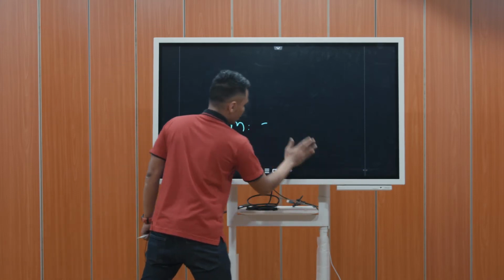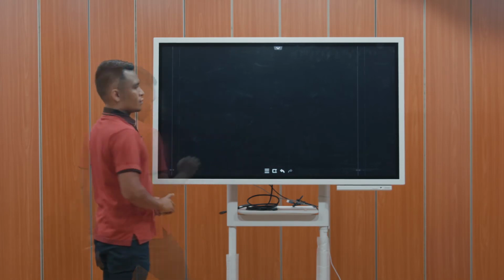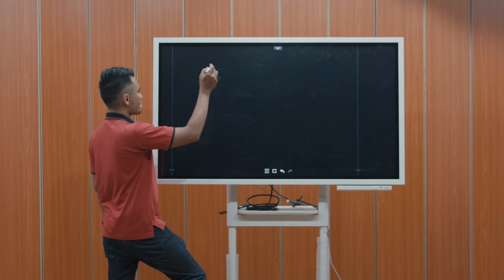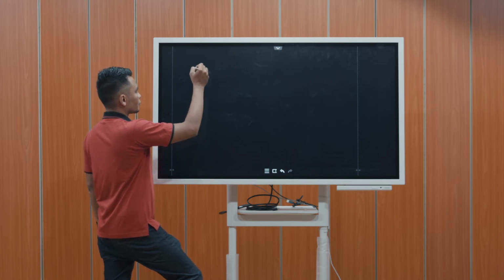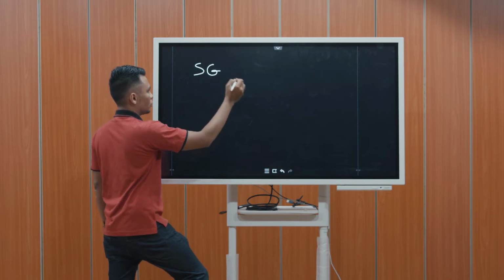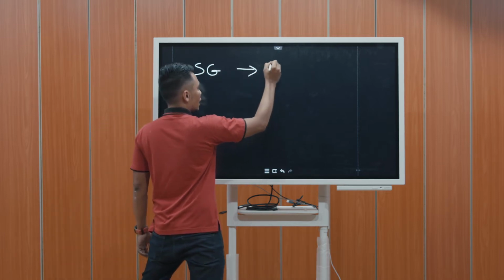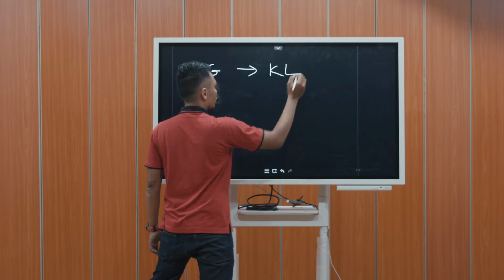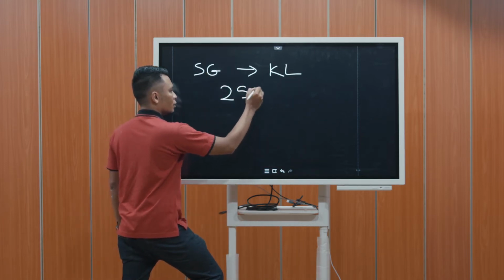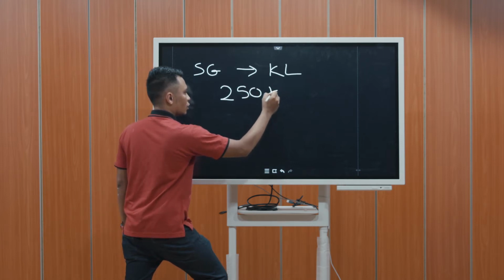Okay, let me do the reverse. The question will say, the distance from Singapore to KL is 250 kilometers.